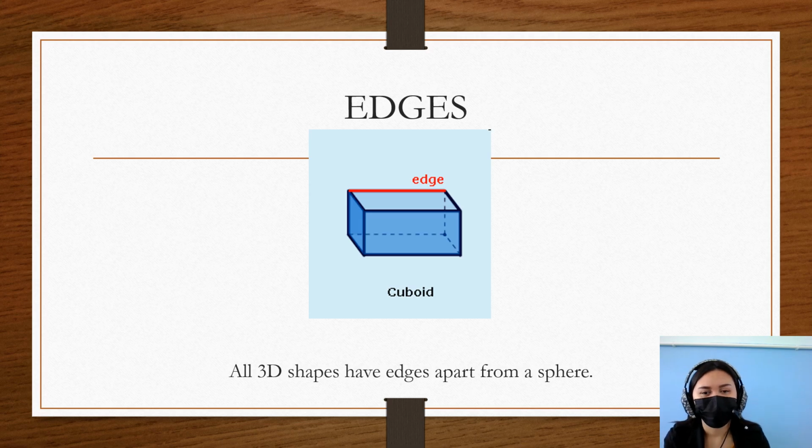Okay, edge or edges. Where is the edge of the shape? This red line is the edge of the shape. All 3D shapes have edges apart from a sphere. Excluding the sphere.